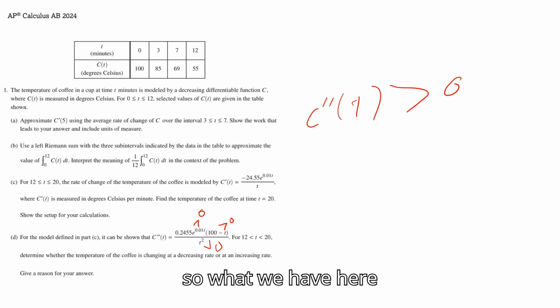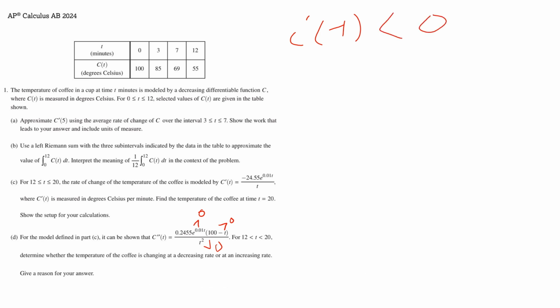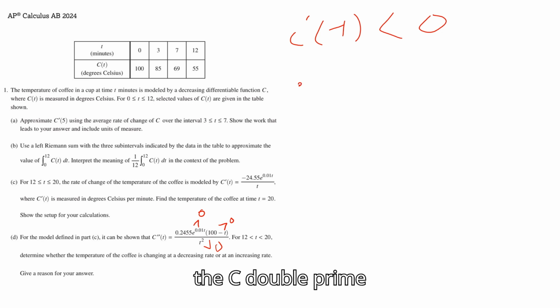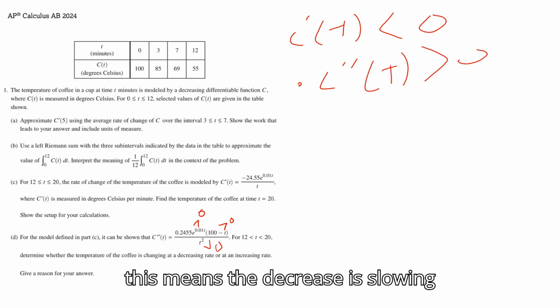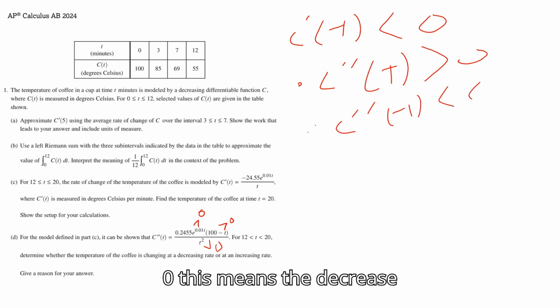If C prime of t is smaller than 0, the temperature is decreasing. If C double prime of t is positive, the decrease is slowing down. If C double prime of t is smaller than 0, the decrease is speeding up.